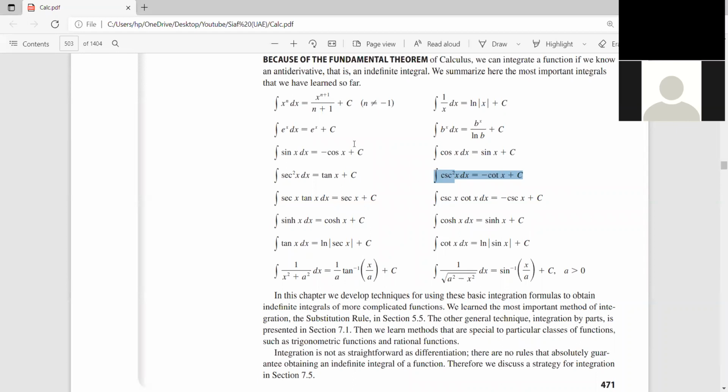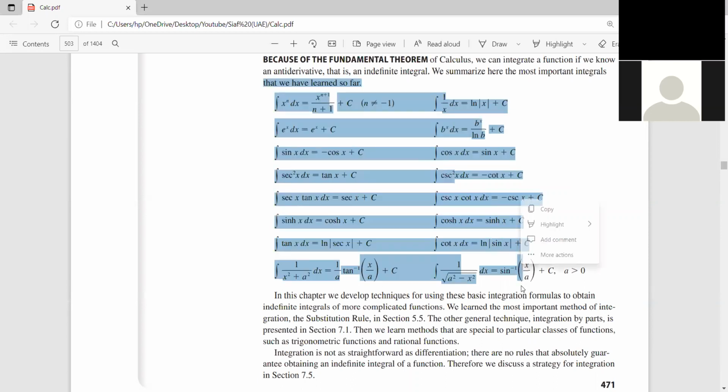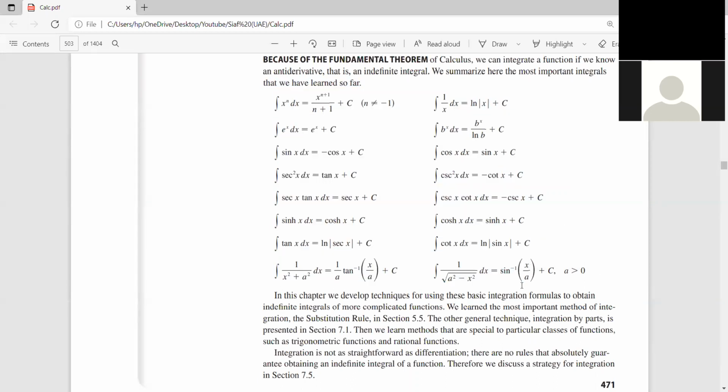Because in the formula sheet the direct integral of cot square x is not listed. Cosec square x is there, but cot square x is not, so it's easier for us to use that identity.